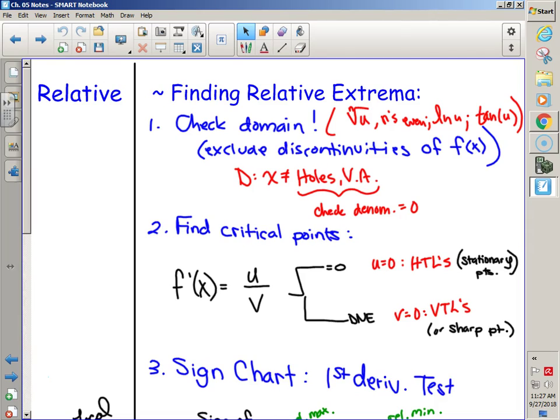The velocity is zero, so it's a horizontal tangent line. At that point, the motion is stationary. Does that make sense?